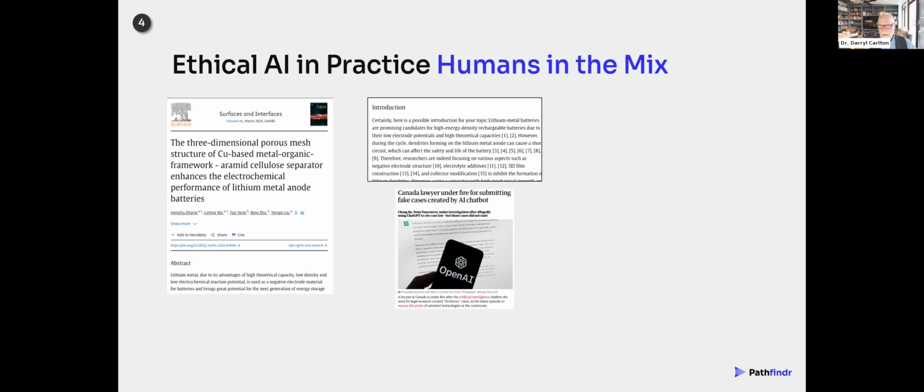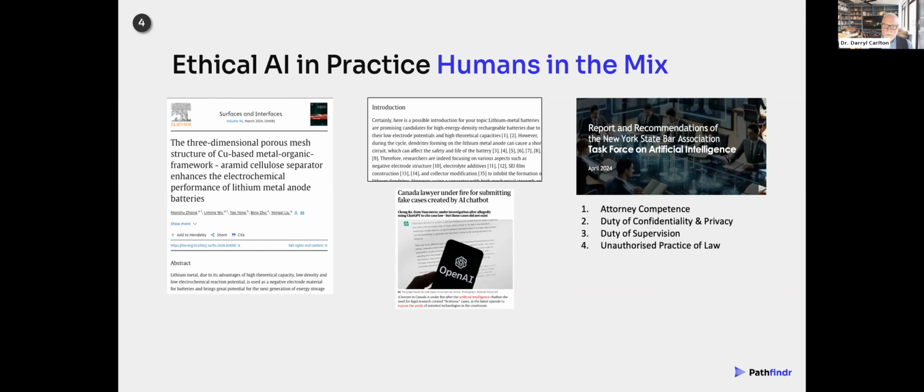And an ethical AI principle, one of the 8 frameworks, is humans in the mix. You have to get involved and check and make sure it's reasonable. The New York State Bar Association this month has put out rules on how lawyers are to use AI. And what it essentially says is not having human oversight, not providing supervision, may constitute unauthorized practice of law. If you're allowing the AI system to make all the decisions for you, it's not a qualified lawyer.